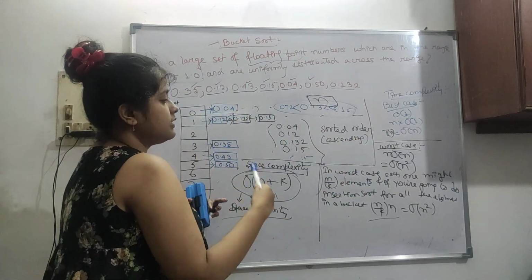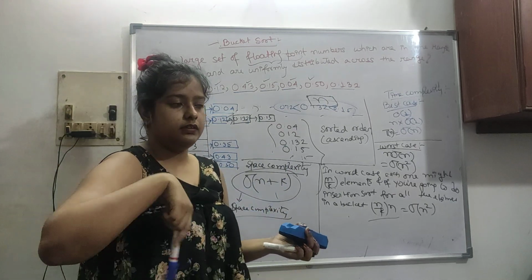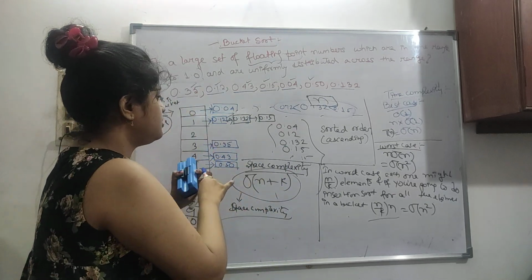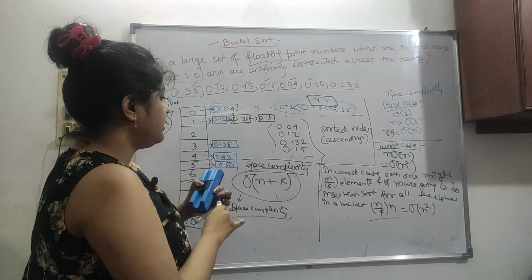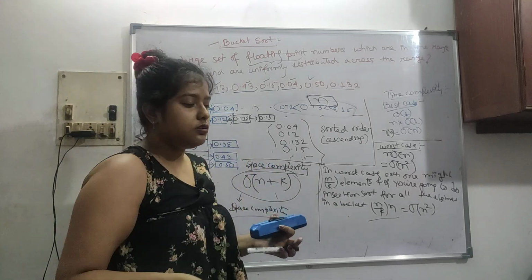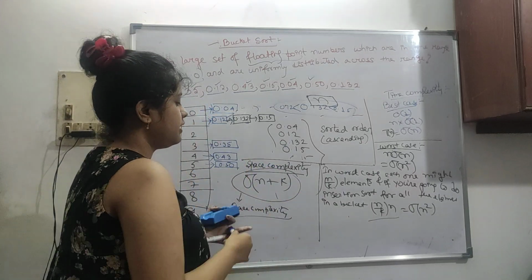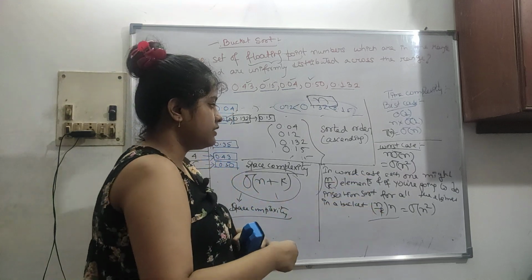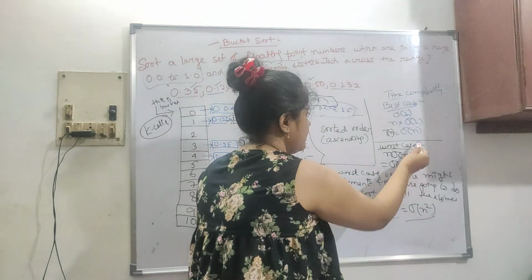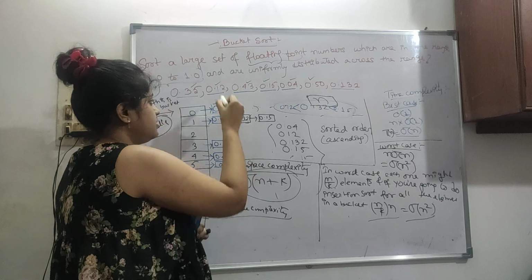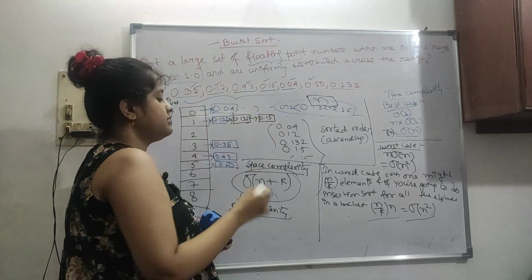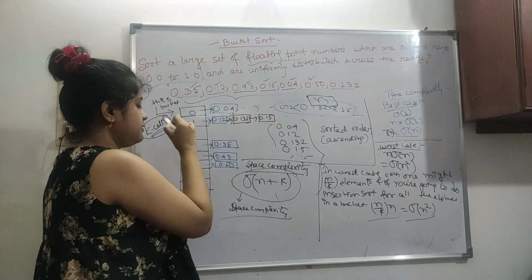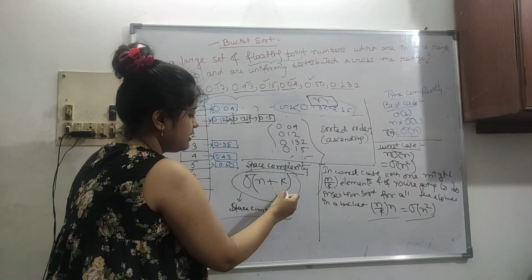In the worst case, each bucket might get n by k elements, and if you do insertion sort, it will take order of n square. So the worst case is order of n square, the best case is order of n, and if n elements are present and k cells are present in the bucket, the total is order of n plus k.